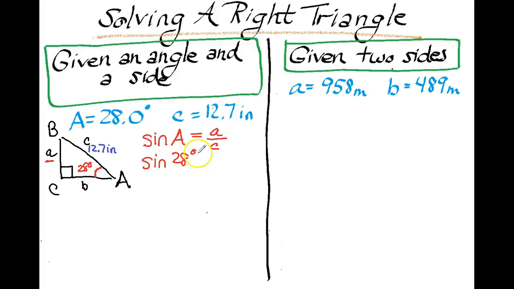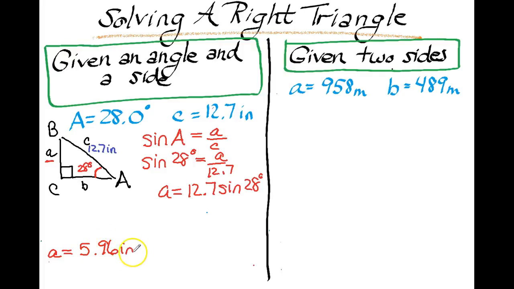Sine of 28 degrees equals a over 12.7, and then little a is going to equal 12.7 times the sine of 28 degrees. All right, so here's where you have to break your calculator out. 12.7 times the sine of 28 degrees is, and I'm going to write this information down here because we are looking for the values of little a, little b, and big B, 5.96 inches.